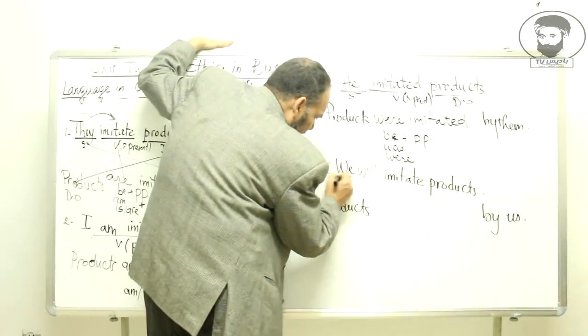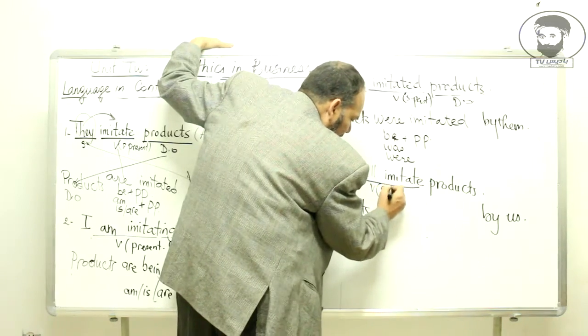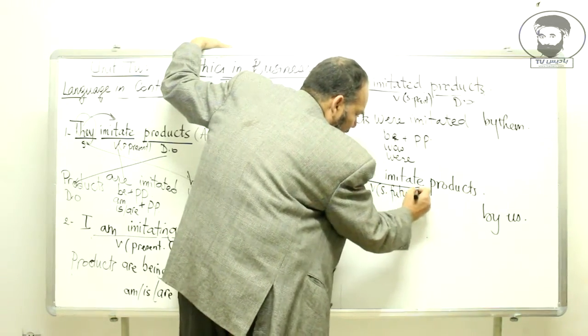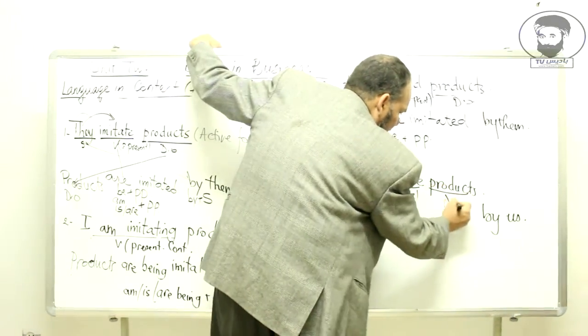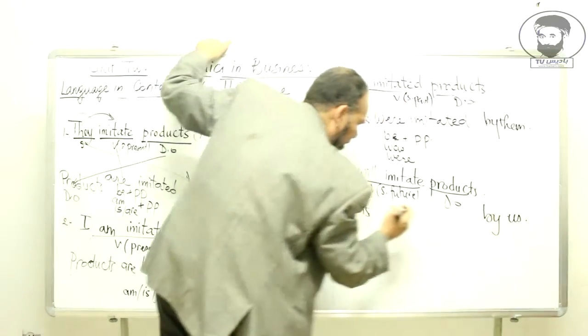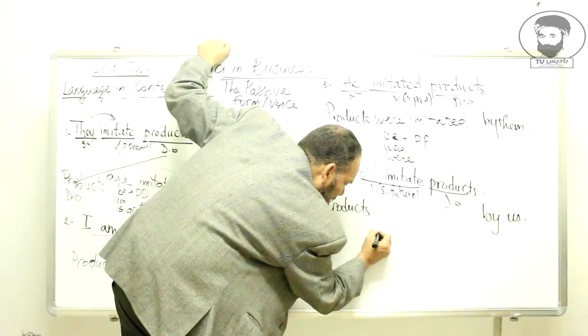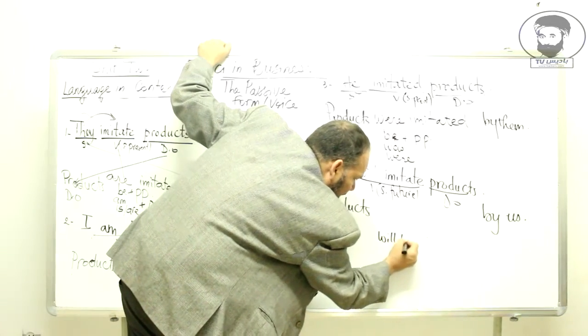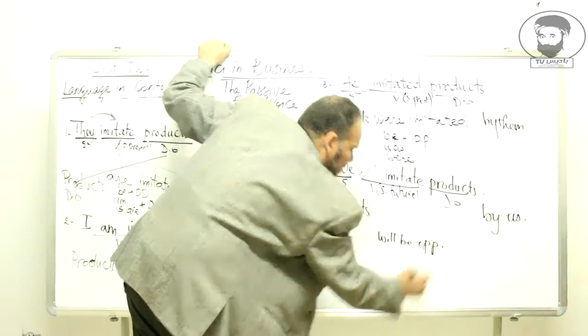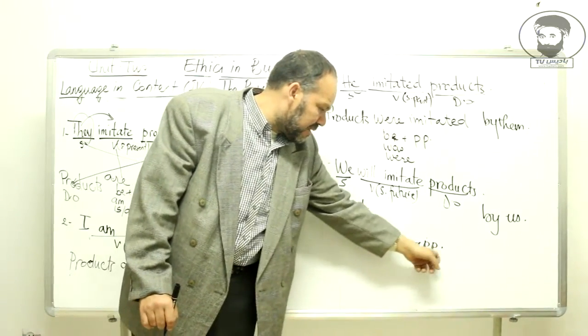We is a subject. Will imitate is a verb in the simple future. Remember, will, future. And products is the direct object. So, we started with the direct object and the subject. Now, because it is will here, we say will be plus past participle. So to be becomes will be plus past participle.